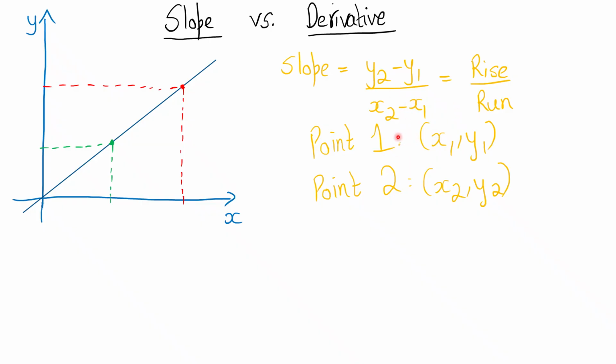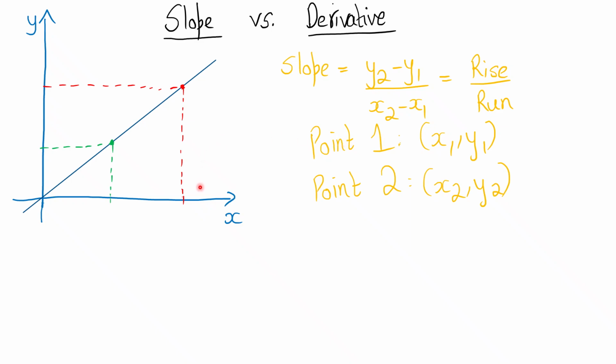However, when it comes to the derivative, we're usually referring to the first principles definition of the derivative, which involves the limit, and in that we're always talking about the instantaneous rate of change, which means the rate of change at a point in time.